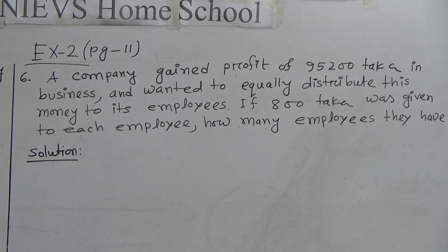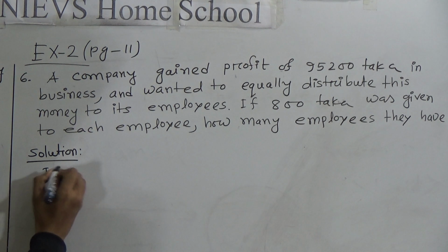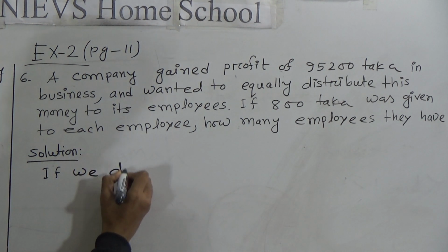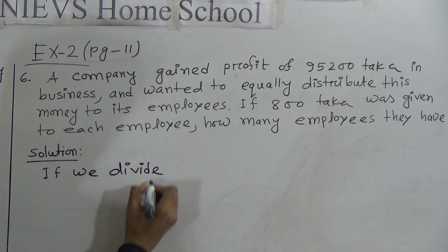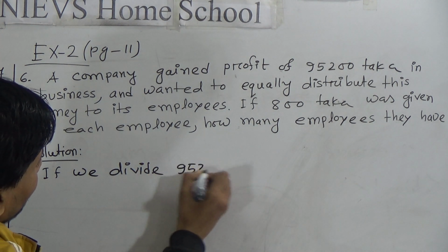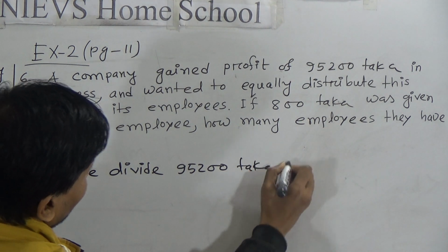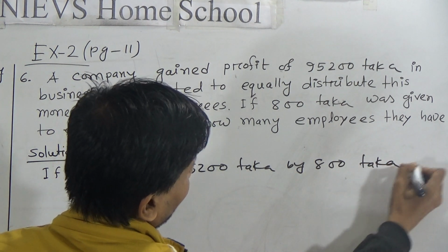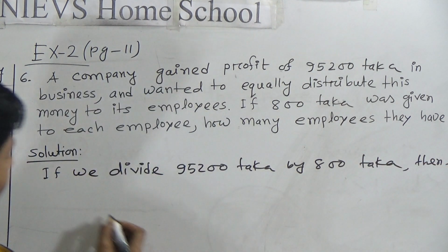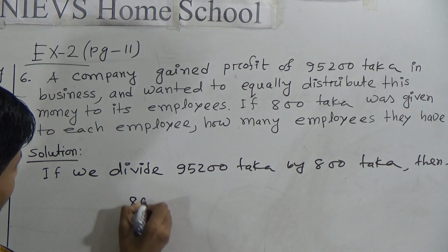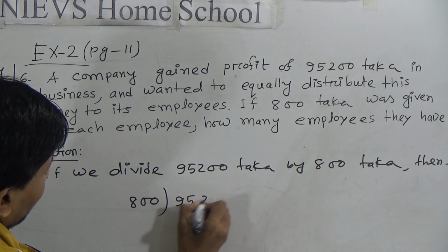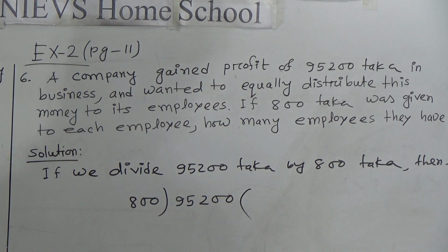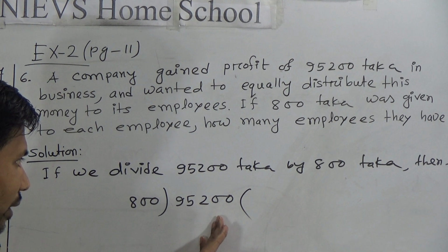Okay, how many employees in that company. Look, I will solve this according to the rules of your book. Okay, not in unitary method. Look, if we divide 95,200 taka by 800.